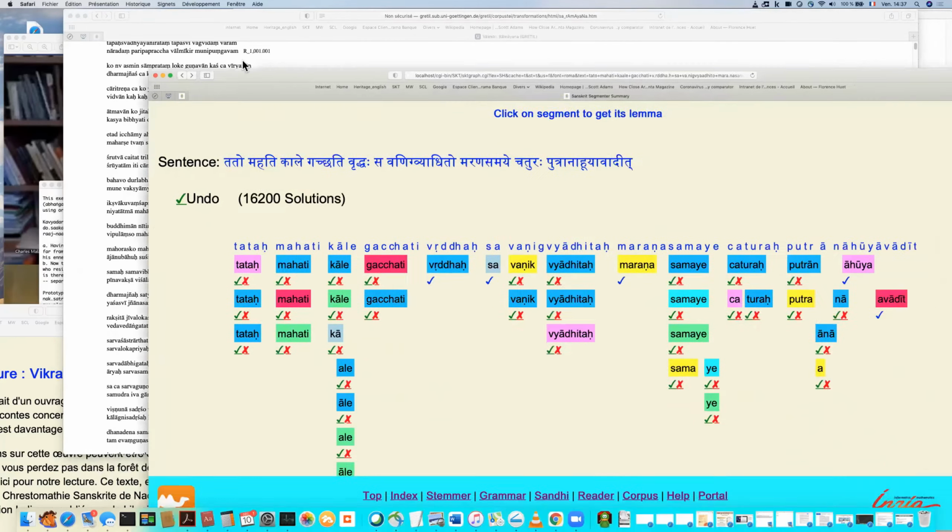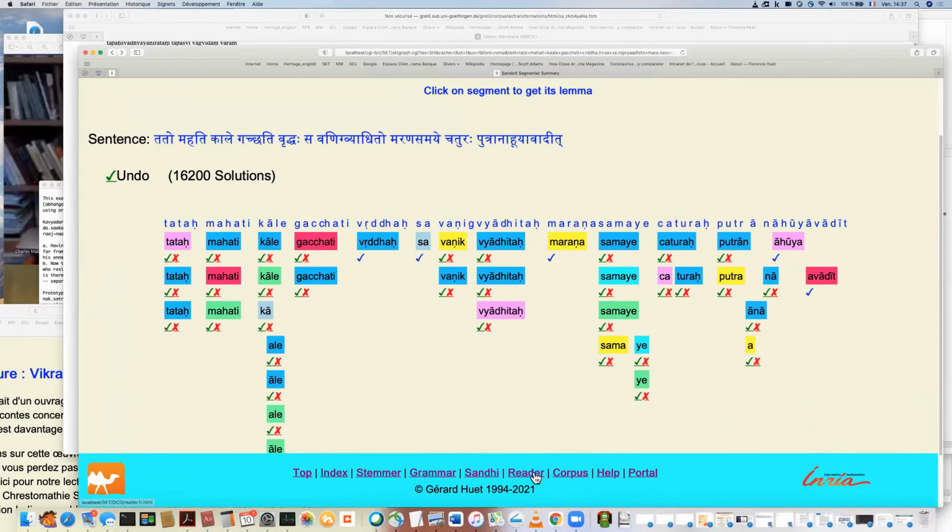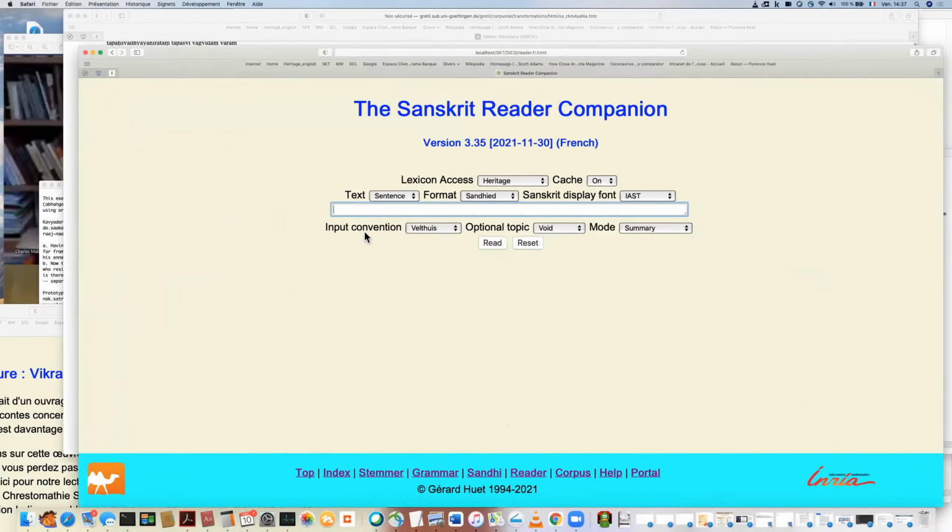Here, you will have to put it in whatever convention you're familiar with. If you have a Devanagari keyboard, then the best is Devanagari. I don't have a Devanagari keyboard, so I'm inputting into my own notation. You can input in WX, whatever.